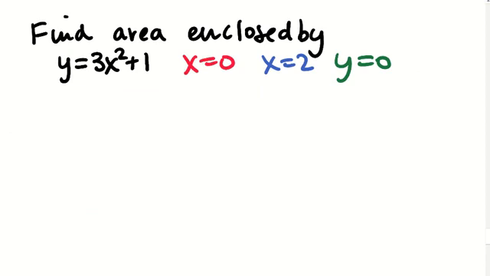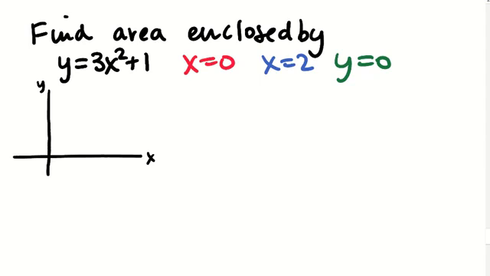All right, next we're going to find the area enclosed by the graphs of these four equations. Okay, so the first thing when you're just given a bunch of equations and you want the area enclosed by them, you've got to draw a picture. So here I am, I'm drawing the xy plane. 3x squared plus 1.